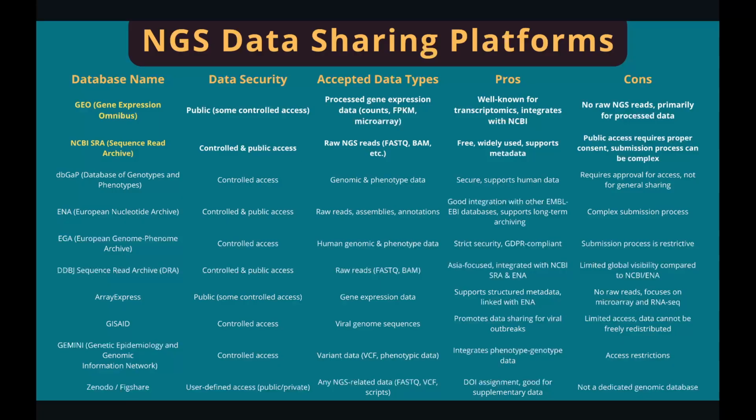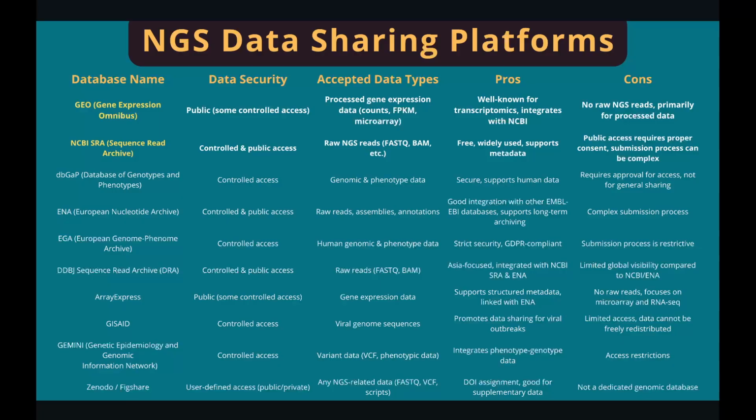For example, when you upload your RNA-seq data, GEO automatically deposits your gene expression matrix into GEO and your FASTQ files into NCBI SRA database. And NCBI also developed many tools, including command line tools and R packages to directly access this data.